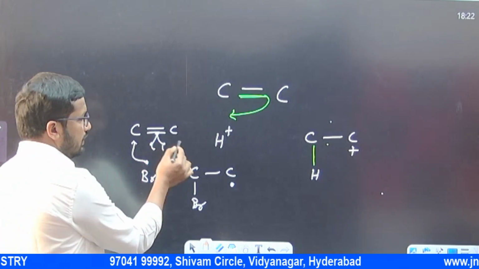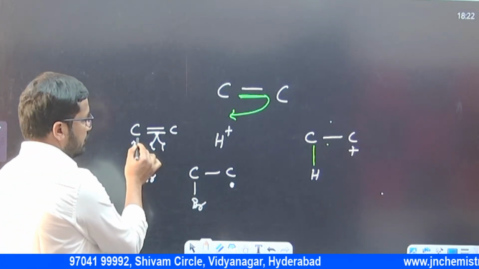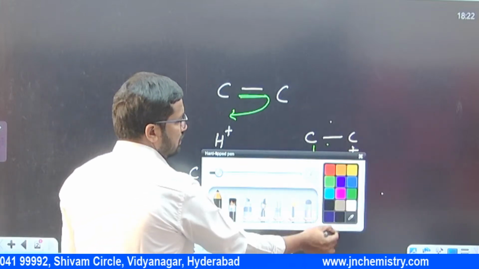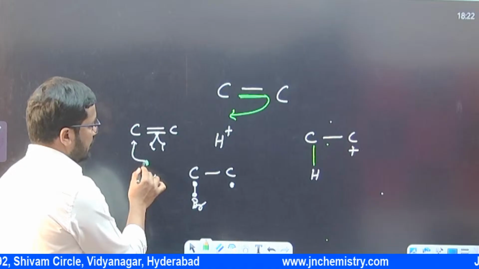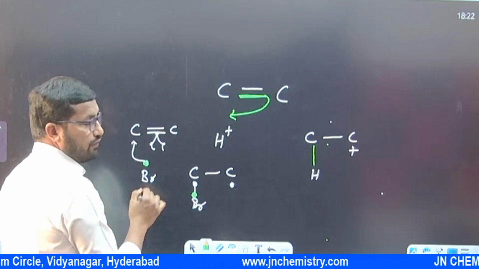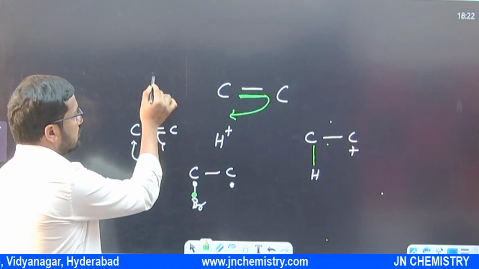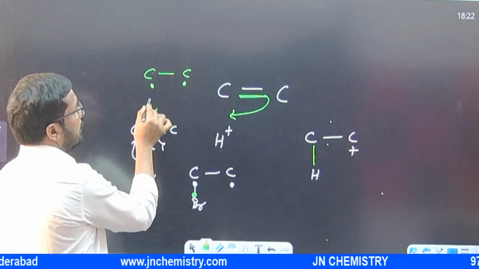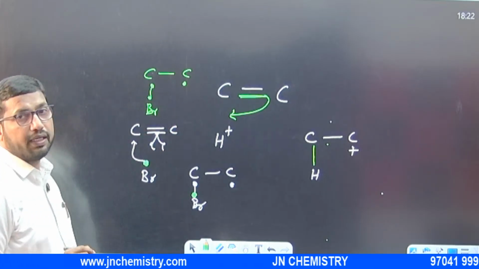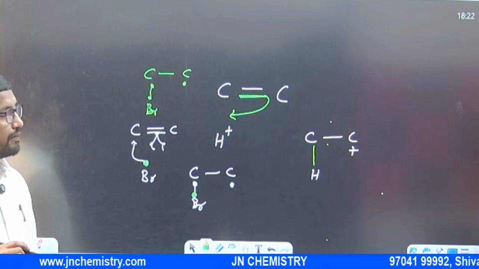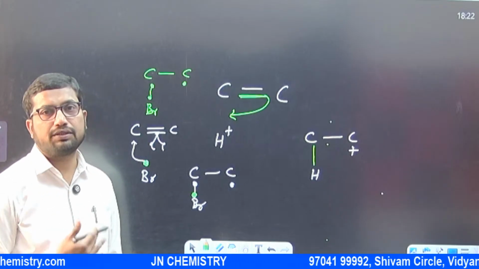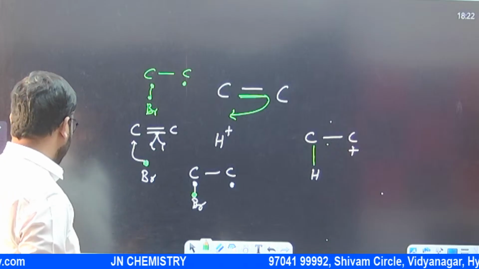Br is having one radical, and it forms the bond like this. So first try to understand how the bonds are breaking in the reactions.